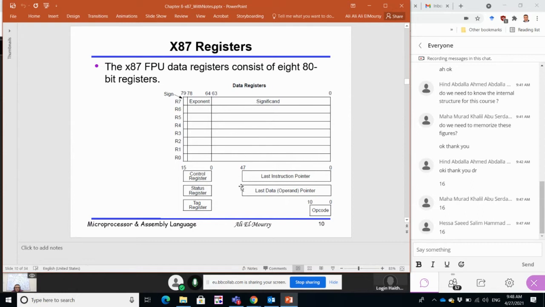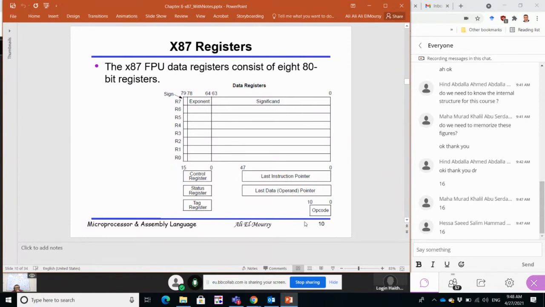As you can see here, not all of the registers have the same size. The control, status, and tag registers are 16 bits, similar to the 8086. The last instruction pointer and last data pointer are 48 bits, and the opcode is 11 bits.